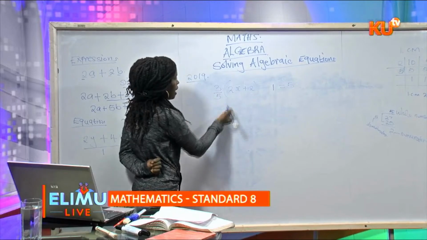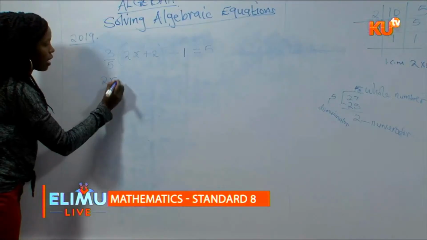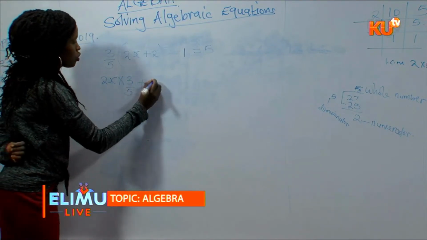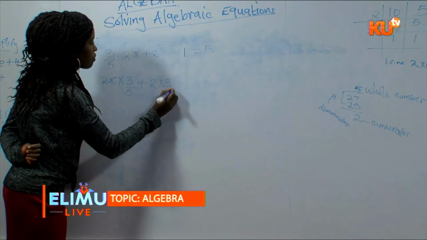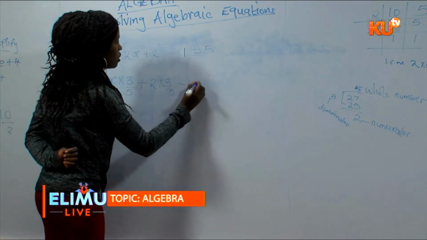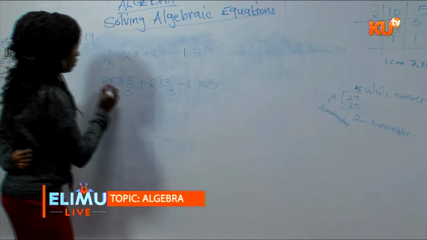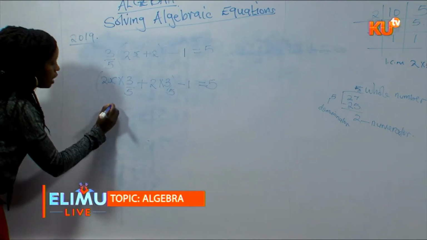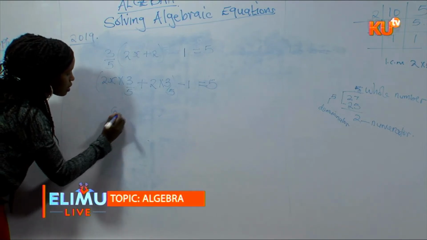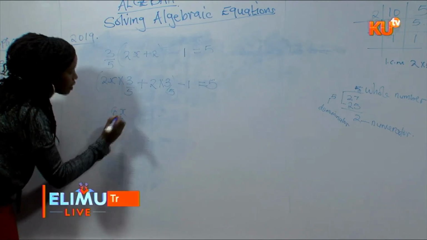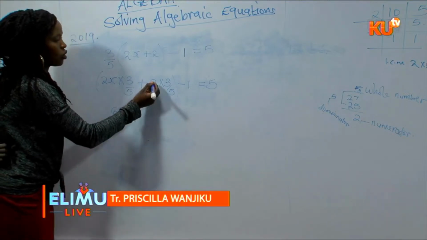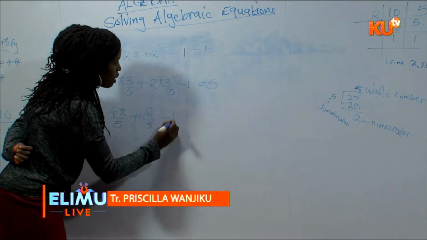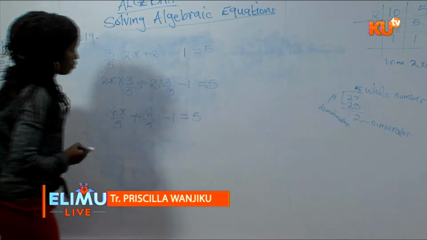That means I'll take 2x, I multiply by 3/5, plus 2 times 3/5, minus 1 is equal to 5. 2x times 3, I'm going to get 6x over 5, plus 2 times 3, I also get 6 over 5, minus 1 is equal to 5.